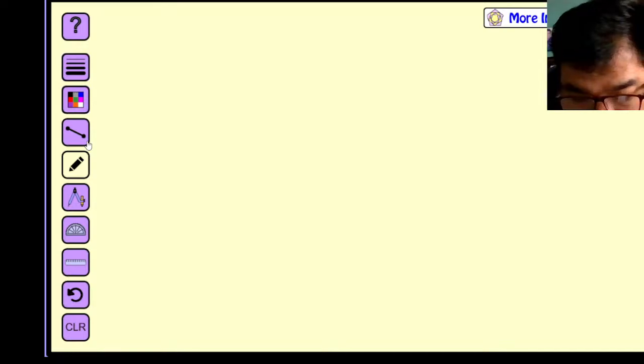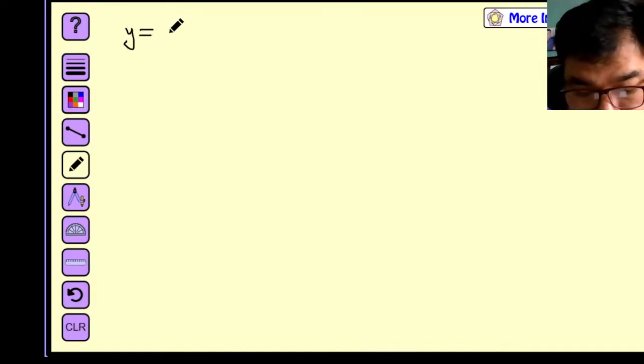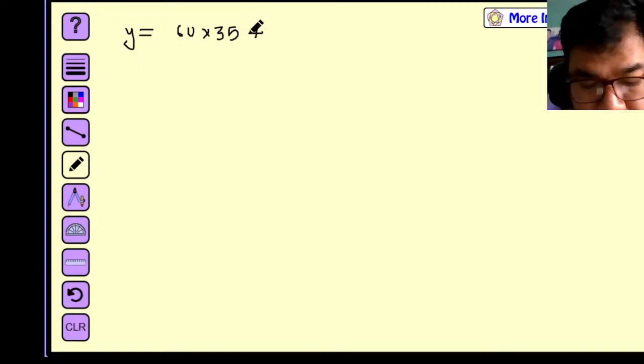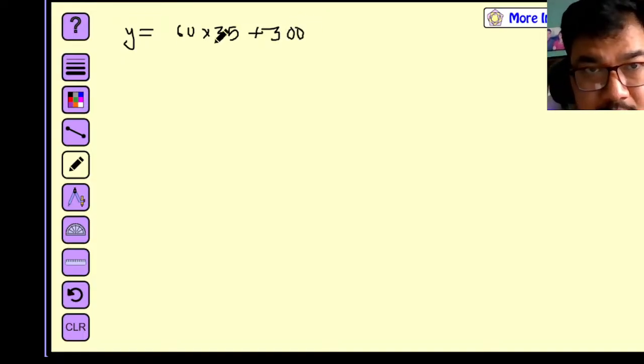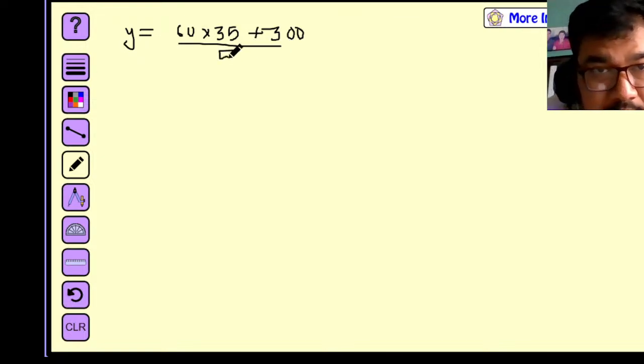Look, children, I am going to do it here. y equals 60 into 35, right, plus 300, right? Then this whole result is divided by 5. Then we get the y value.